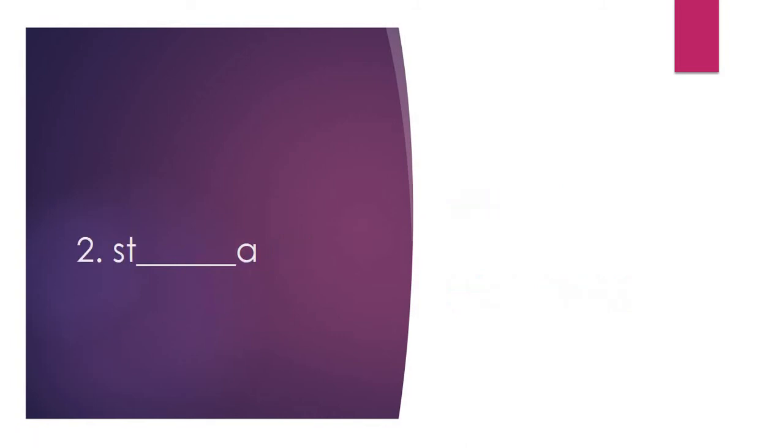Number 2, ST dash dash dash dash, last alphabet is A. Please write down if you recognize which word this is. ST dash dash dash A. Now again, if you have gone through chapter number 6 in the textbook, or you have watched my lectures properly, you have learned the hard words, and you might have written the answer by now.